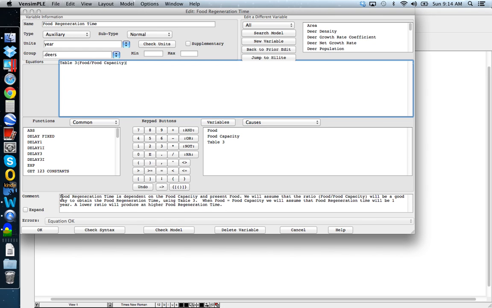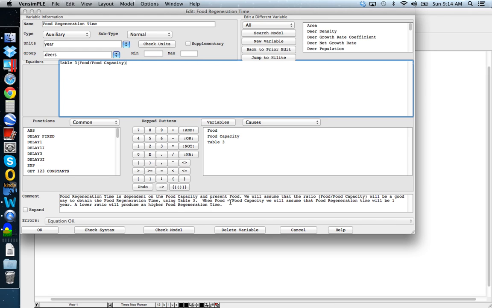The food regeneration time depends on the food capacity and the present food. So we're assuming that the ratio of the food available divided by the capacity of the Kaibab plateau to produce food is a good way of obtaining this food regeneration time using table 3.